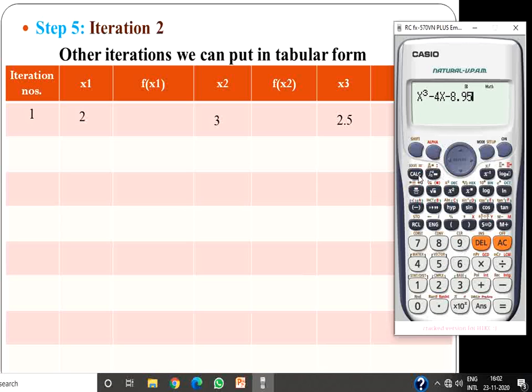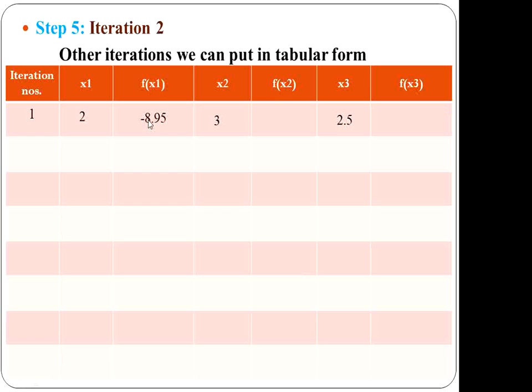Then you just say calculate. It will ask you what is the value of x. The value of x is 2, so write 2 and say equal to. So the function of x for 2 is minus 8.95.